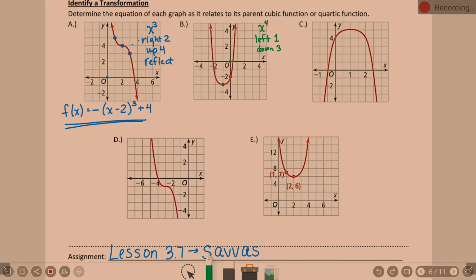From the vertex, is the first set of points over 1, up 1 in both cases? And they are. So that would be different if there was any type of vertical stretch or shrink. Okay? So, f of x equals, what goes in my parentheses?